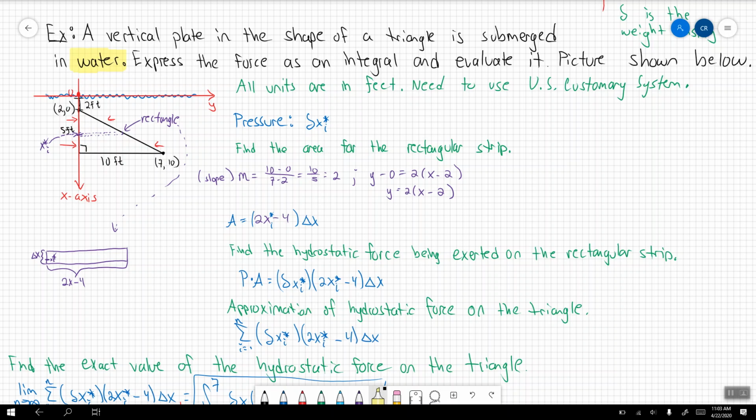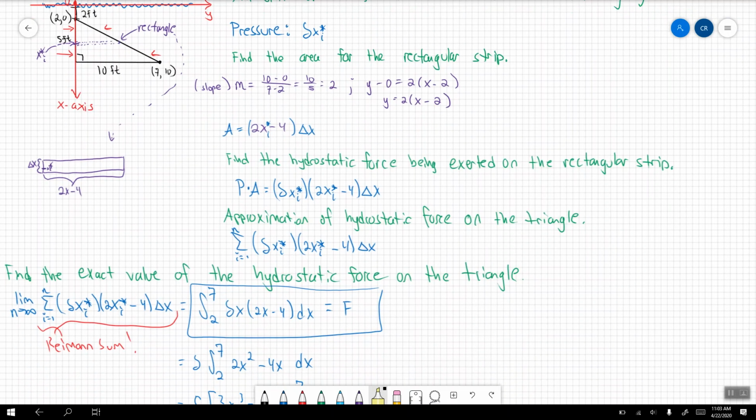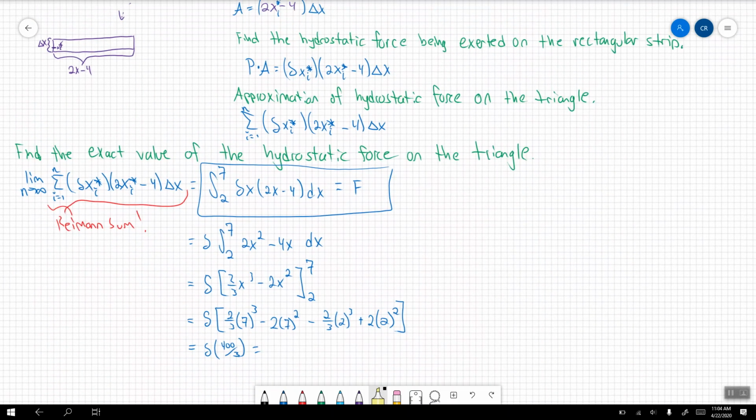Depending on what type of water we're looking at, we would then need to use that different water density here. All right, but since it was just water, we're just going to go with 62.5, and this is going to be pounds per cubic foot multiplied by 400 over 3.